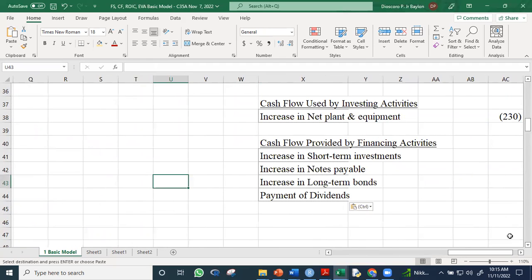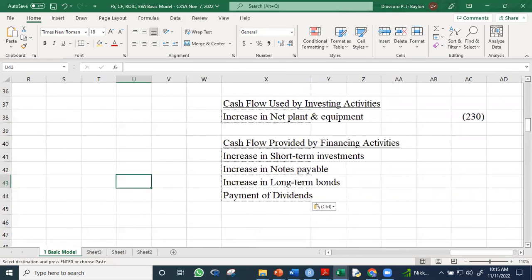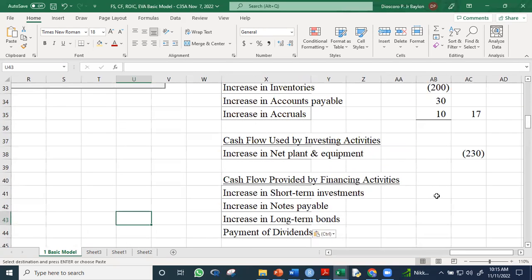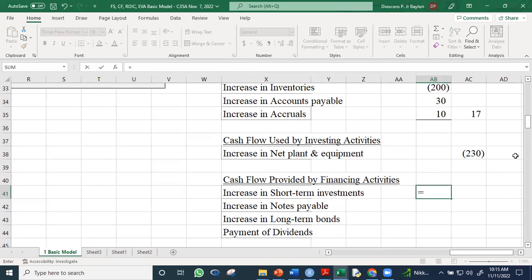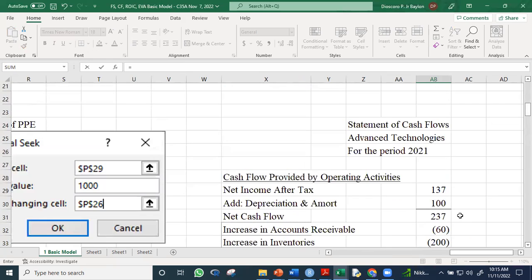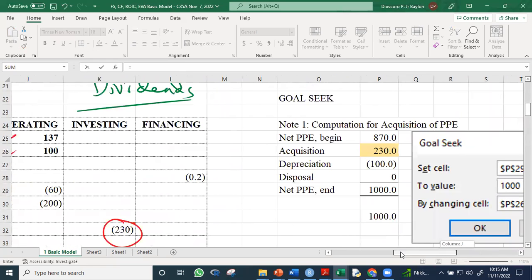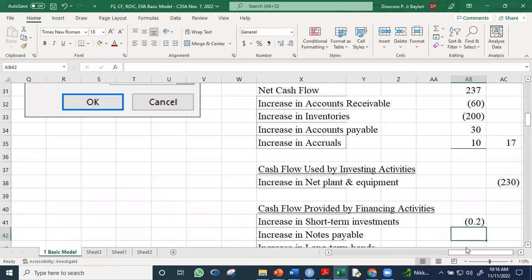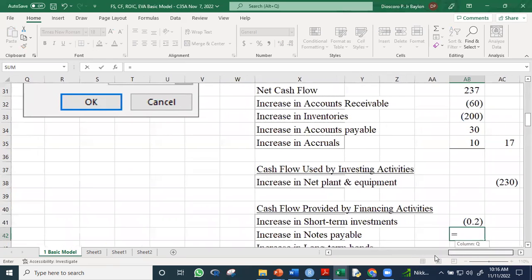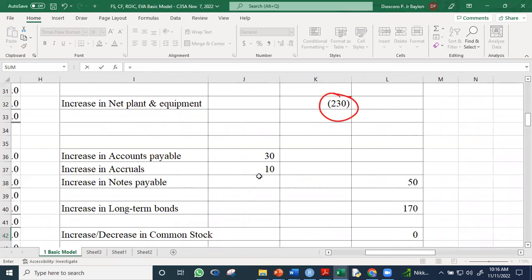And let me just, so this is equal to. Notes payable is 50.